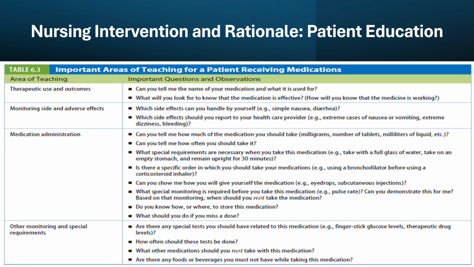The nurse should always assess whether the patient is able to read and understand the material provided. Are the patient educational materials effective? Is the reading level above what the patient can understand, or is it in a language unfamiliar to the patient?